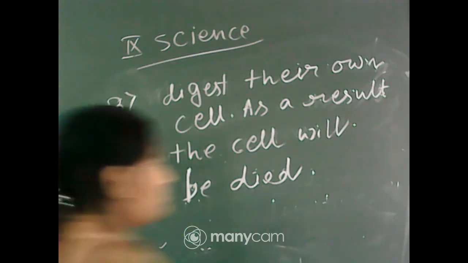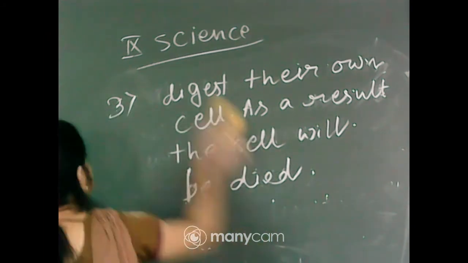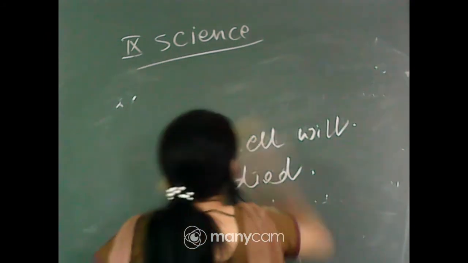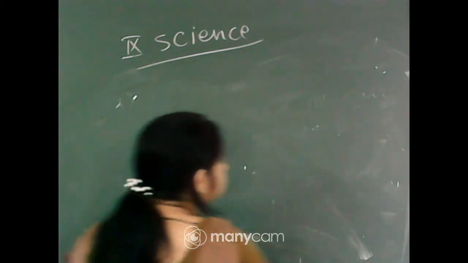So the next question: what would happen if the Golgi apparatus is absent?